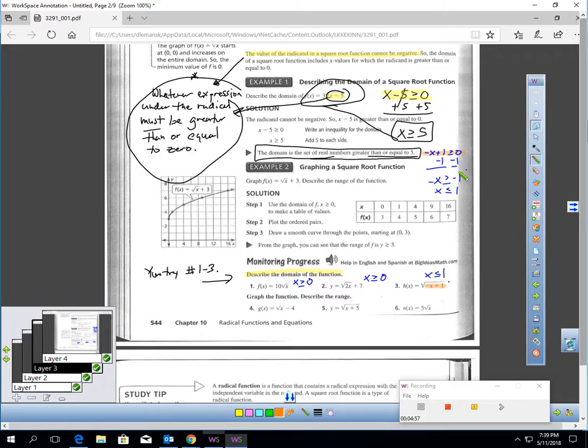Take away 1 from each side, negative x is greater than or equal to negative 1. Now I have to divide each side by negative 1, and remember, when I do that, I have to flip my inequality around. That's when my inequality reverses. So x would be less than or equal to 1. That would be the domain for this particular problem. I can only plug in values for this that are less than or equal to 1.